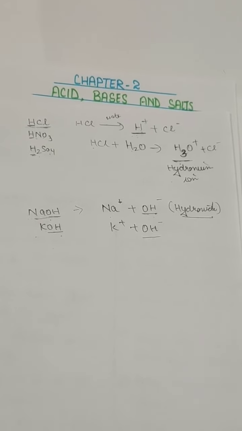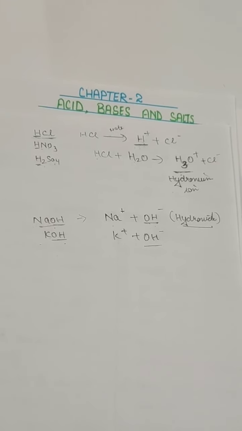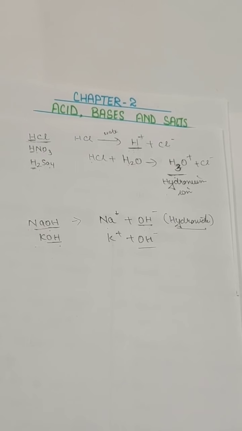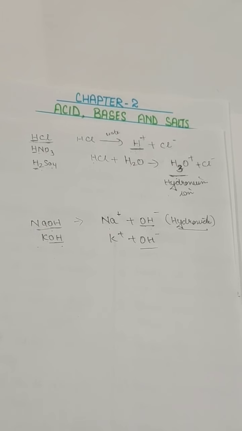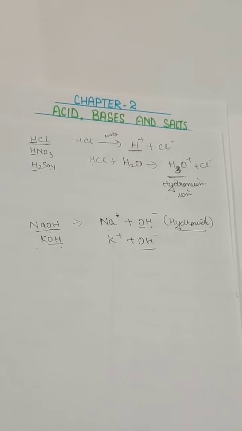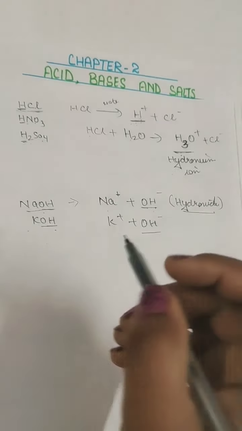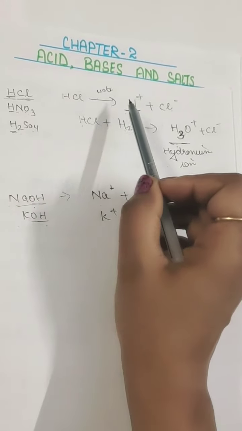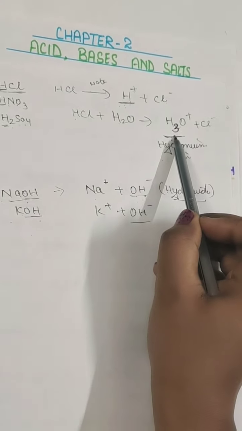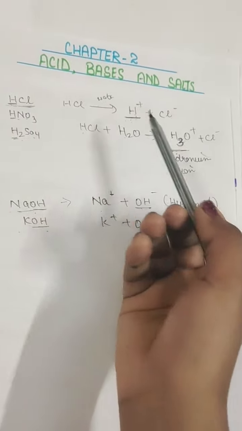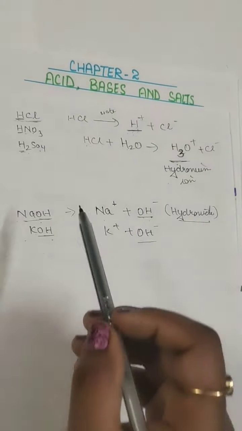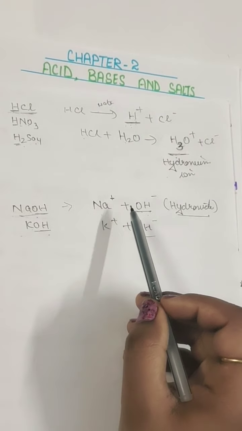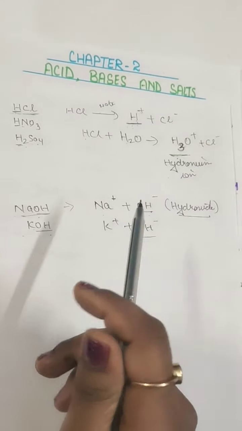So bases are formed when metals react with water, and acids are formed when nonmetals react with hydrogen. So by this, that means acids are the compounds which release hydrogen ion or hydronium ion when they are dissolved in water, and bases are the compounds which release hydroxide ion when dissolved in water.